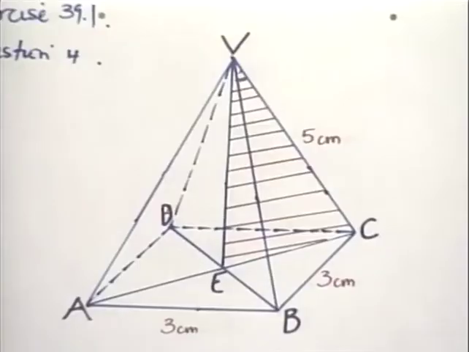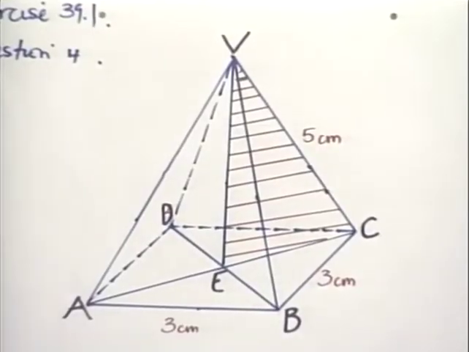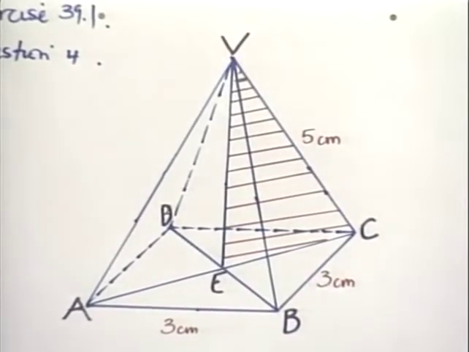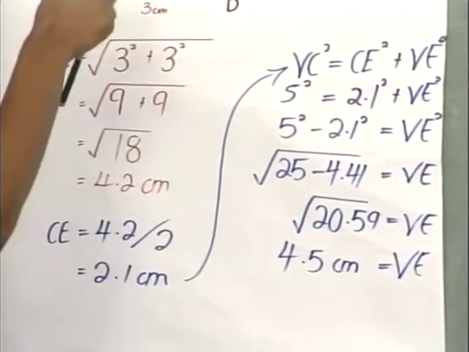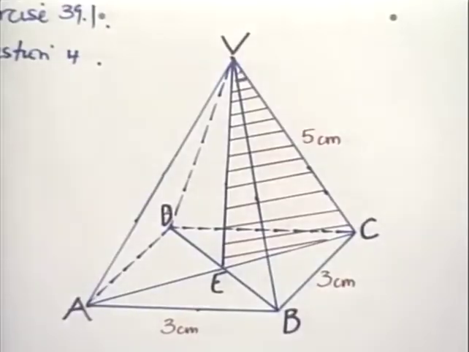CE equals 2.1 centimeters. To find VE, I use Pythagoras theorem. VC squared equals CE squared plus VE squared.